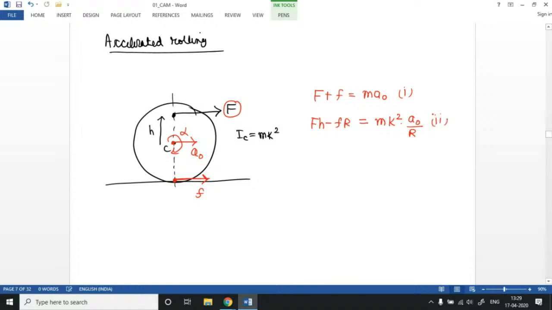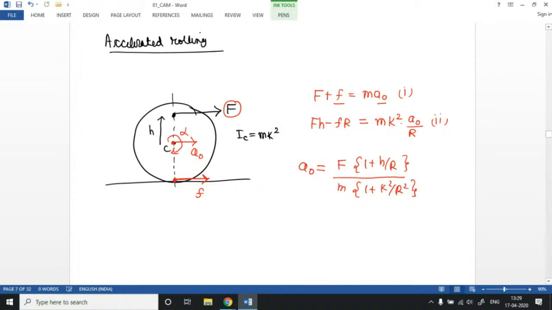In these two equations we have two unknowns, f and a naught, and two equations, so we can very well solve for them. The value of a naught will be F into 1 plus h by R, divided by m into 1 plus k square by R square.